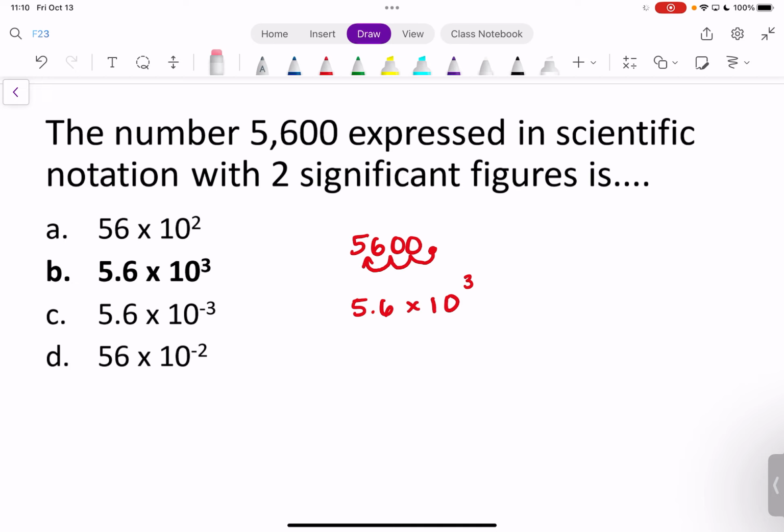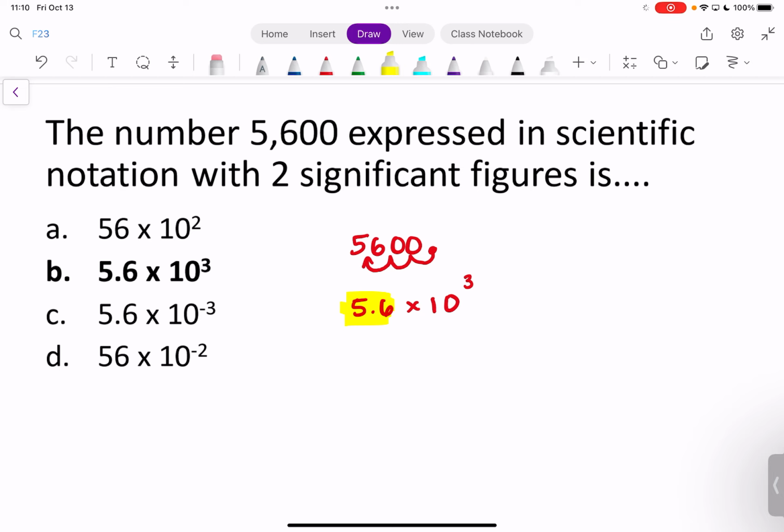Okay, make sense? Yes. Now, remember, with a number in scientific notation, whatever number you see here is how many sig figs you're going to have. In this case, we have 2 sig figs. We didn't have to do any changing because it's in scientific notation.